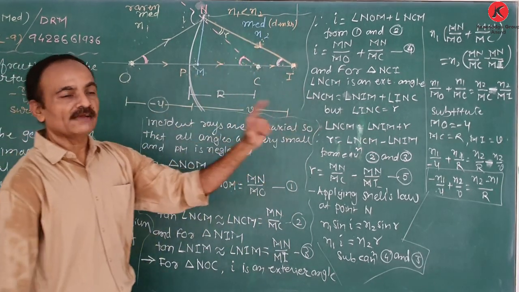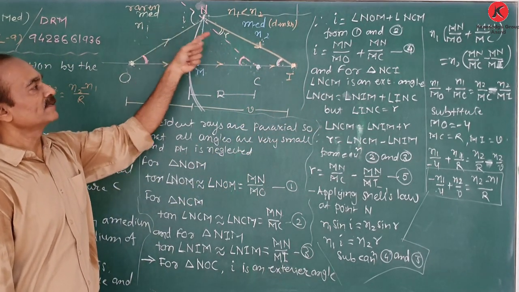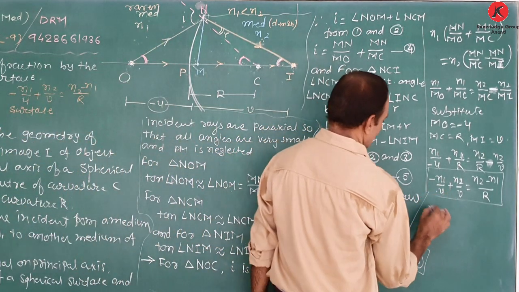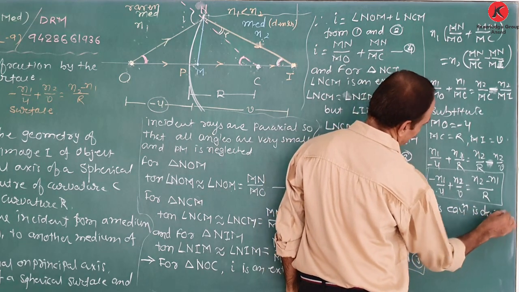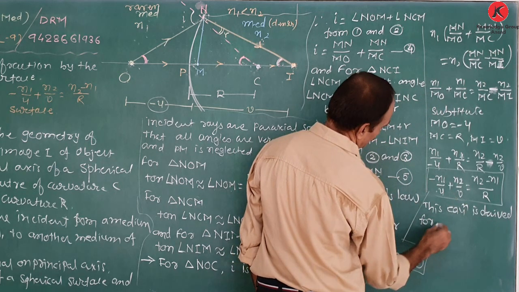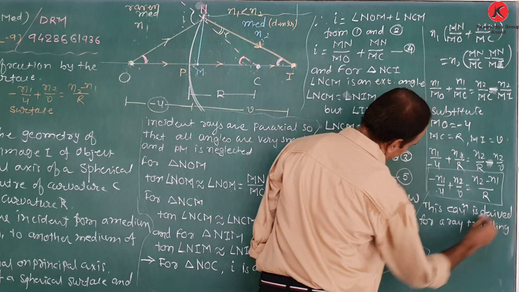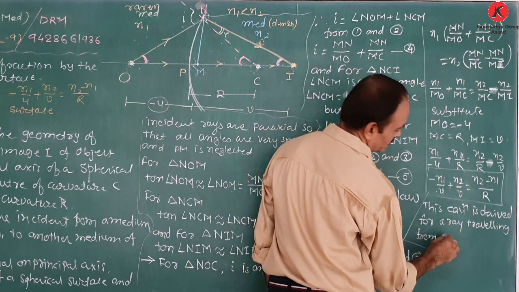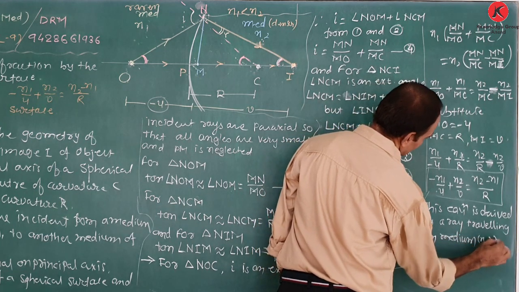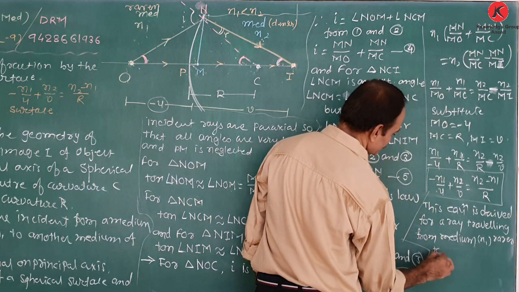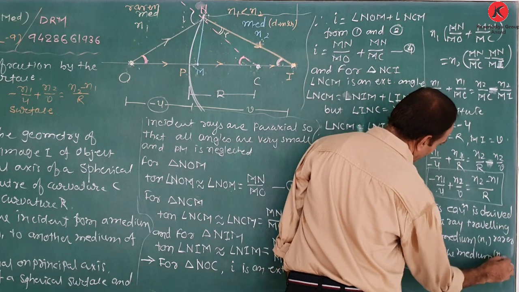This equation is valid only when the ray of light is traveling from the rarer medium to the denser medium. It is derived for a ray traveling from medium n1, the rarer medium, to the denser medium n2.